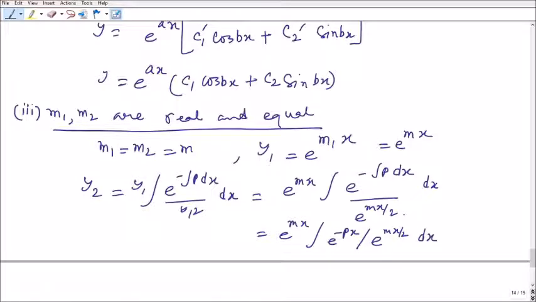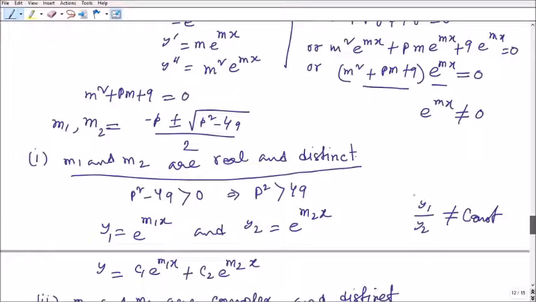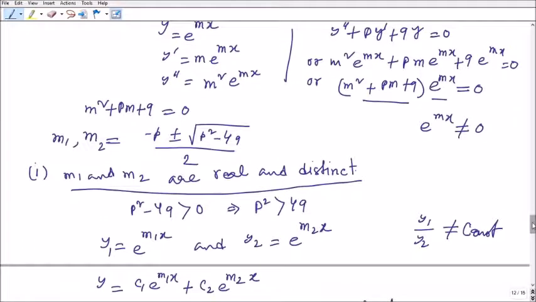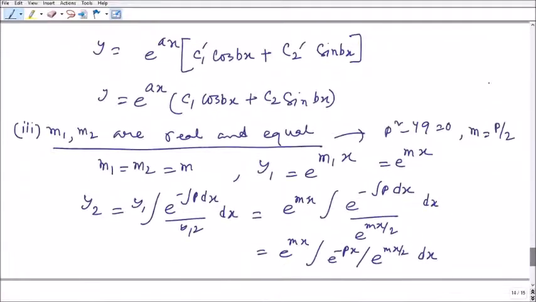Since m1 and m2 are real and equal, p square minus 4q equal to 0, and so from that formula m equal to minus p by 2.